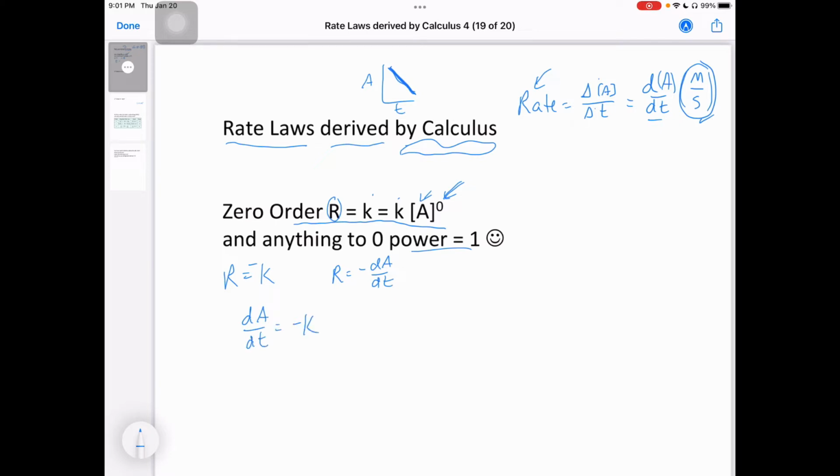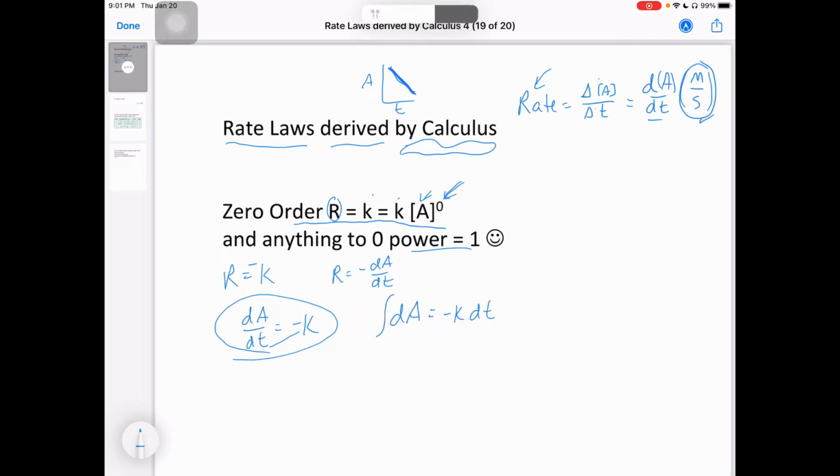And now I'm going to take this equation, which is a derivative, dA dt, and I'm going to move it to both sides. So dA, cross multiply, equals negative K dt. And then I'm going to pause here and just imagine you know calculus.